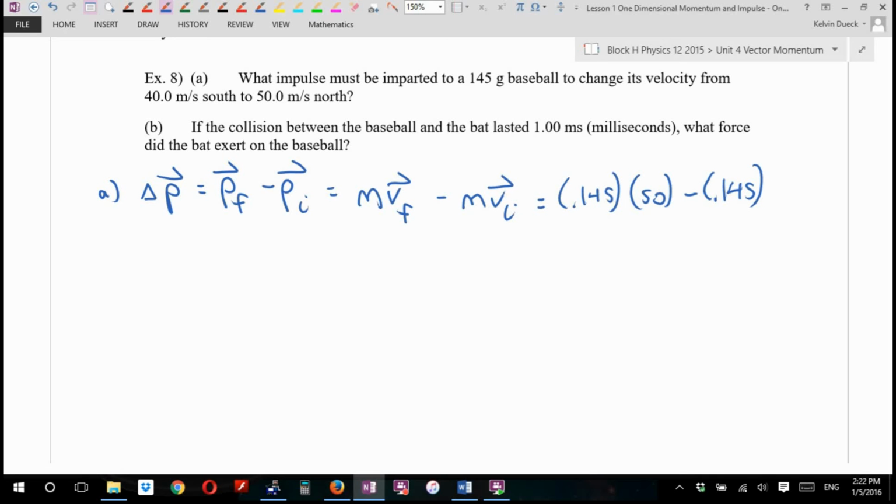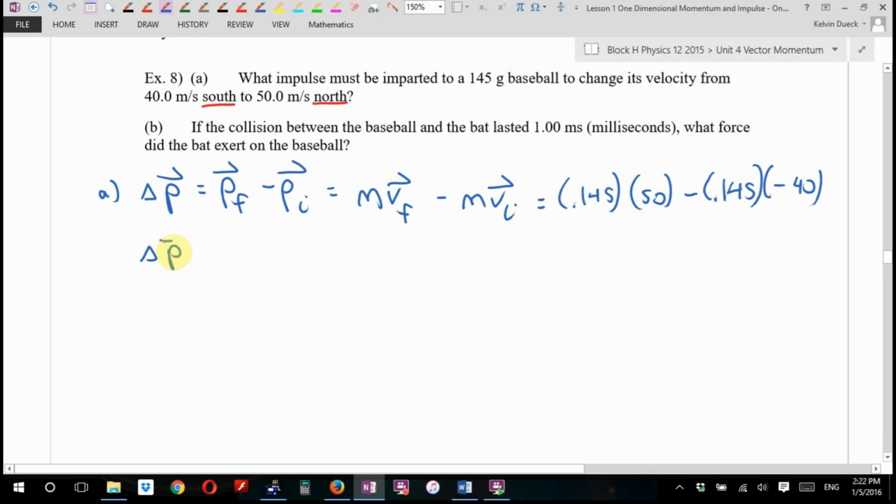Why negative? So if you missed that, underline north, underline south, and you'll notice, Raj, by putting that negative in there, I get a minus, which gives me a bigger change in momentum, which, you know what, hitting a baseball, yeah, because you're having to first bring the baseball to a stop and then send it back in the direction that it came. You need a big change in momentum to do that.